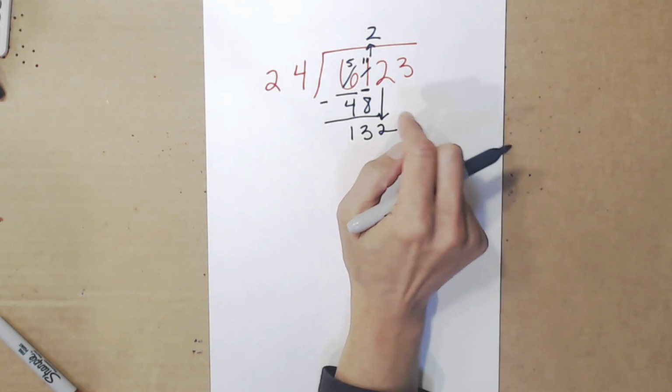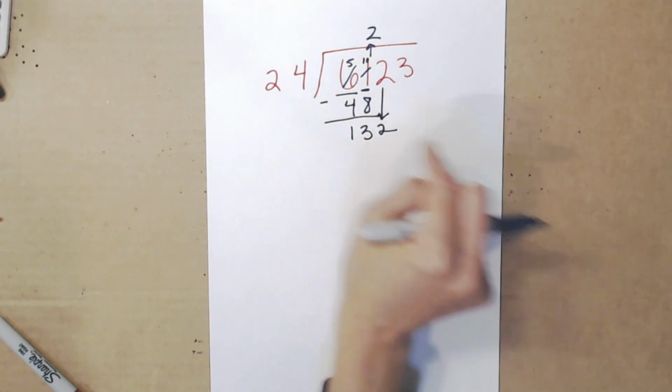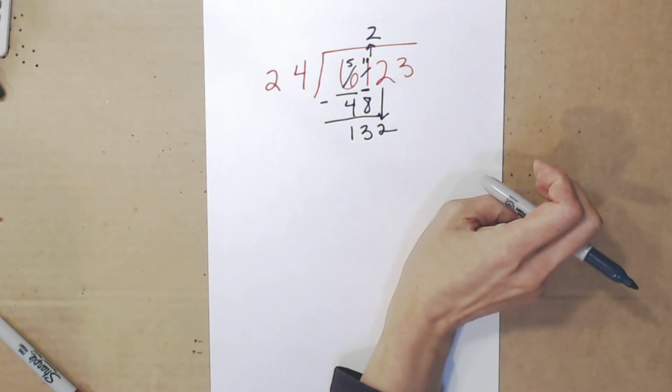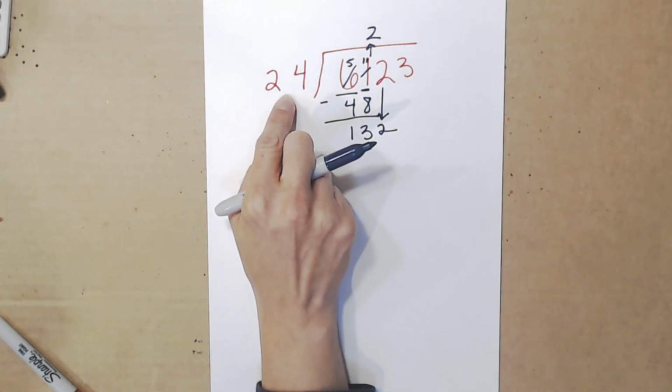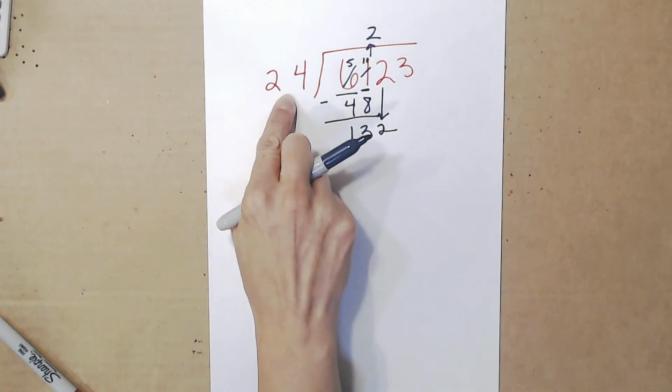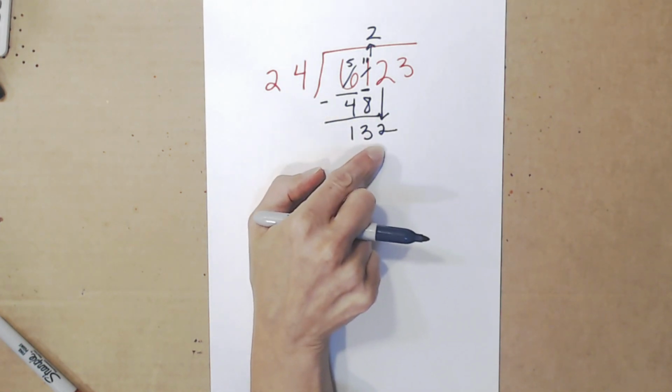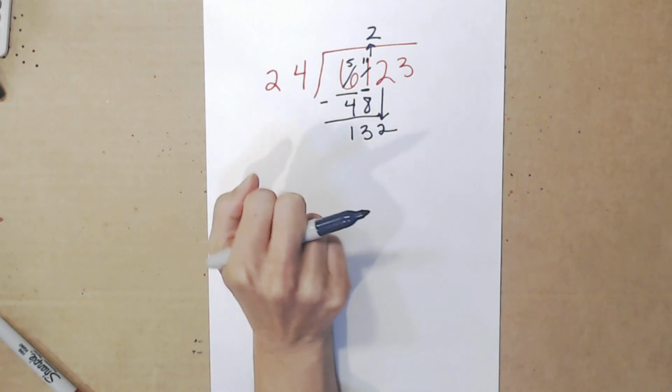So now, how many 24s go into 132? Well, again, I can think of this as 25 in my head, just rounding it, so I can do some quick math. There's 4 25s in 100. So I could go one more because I have 32. So I would guess 5.